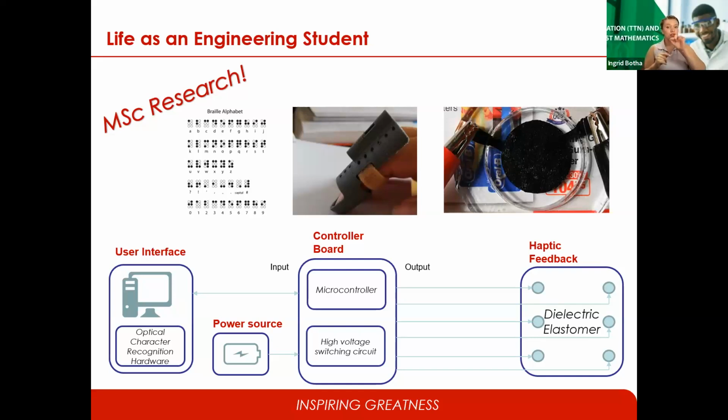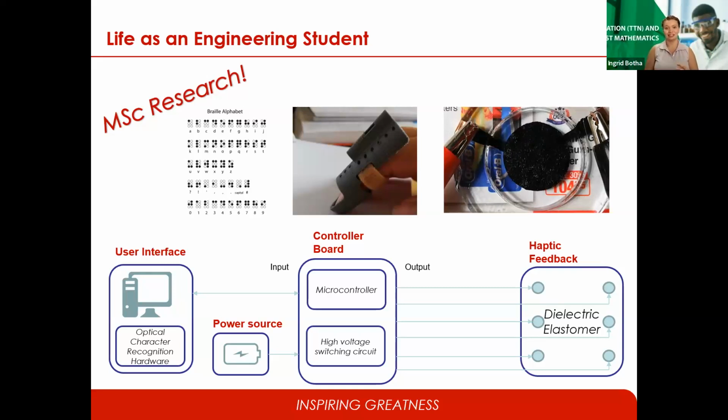Now, in order to create the dot that actually buckles upwards, if you constrain the edges of that circle, it forces it to buckle upwards instead of expanding like you can see in that image. So this was a mechatronics project. I completed my master's in mechatronics, and it required me to integrate software and computer knowledge.